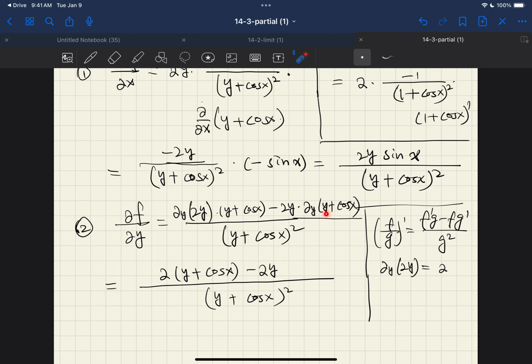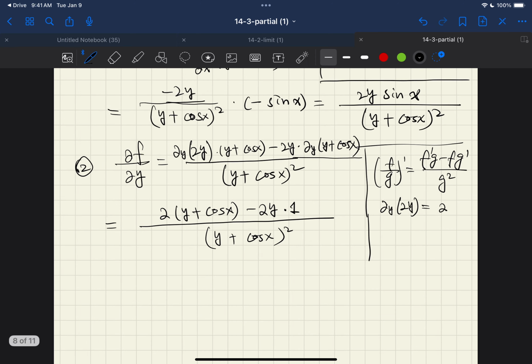But y prime is 1, so this is 1. If we rearrange or simplify, the only thing we can do is in the numerator. So 2y minus 2y is 0. So 2 cosine x is the only term in the numerator.